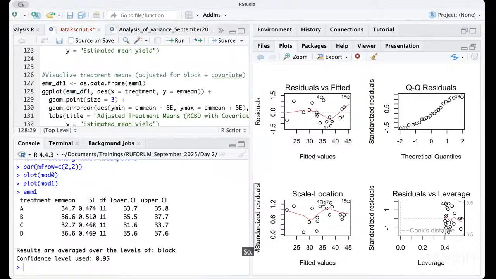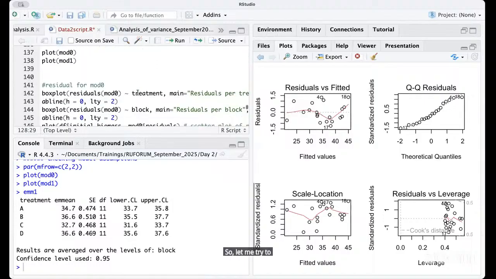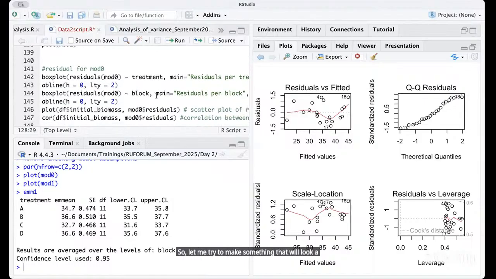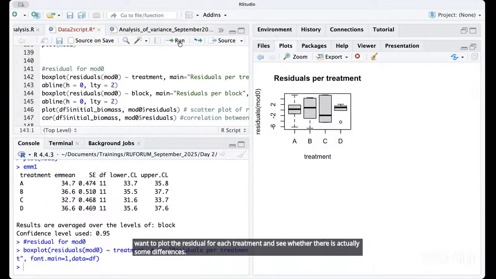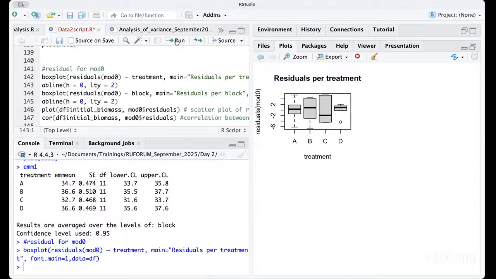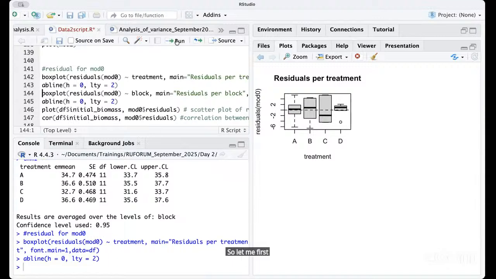So let me try to make something that will look a lot better here. Now, what I want to do is plot the residue for each treatment and see whether there are actually some differences. So let me first plot these residues.